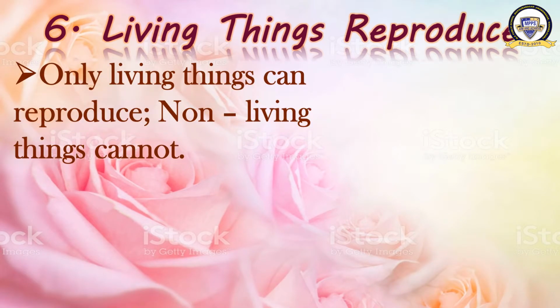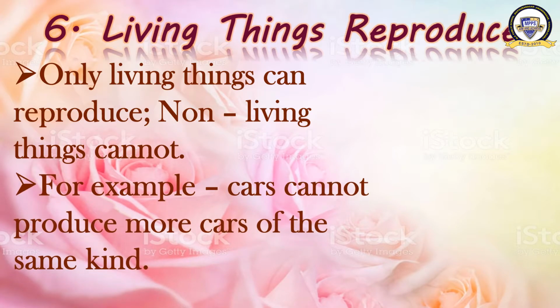Only living things can reproduce. Non-living things cannot. Okay. I told you that only living things can grow, only the living things can move, only the living things can react and feel, only they can take food and water, and only the living things can reproduce. Non-living things cannot reproduce.